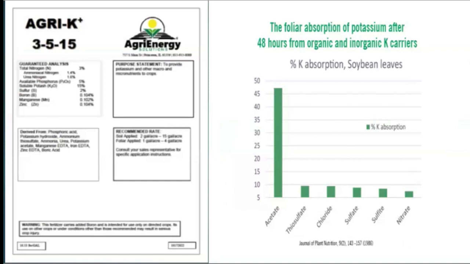Potassium acetate just blew the others out of the water when it showed percent of absorption. So it can be a very good, not just foliar, it can also be soil applied. I'm still learning more on that aspect, but I do believe that it can function very well as a soil applied product as well.